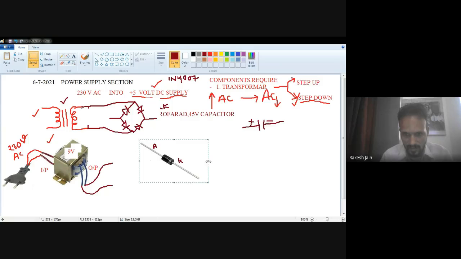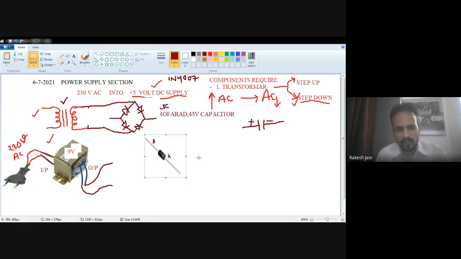Okay, I just decrease the size. So I require 4 diodes. I just come with this image, so it will be very simple for me to explain.